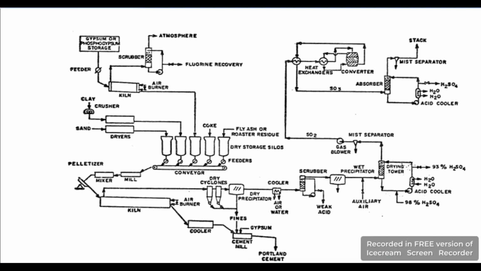After gypsum, the other two raw materials for the cementing process are clay and sand. Both of these have vapors or moisture in them, so before use they are treated with the help of dryers to remove their moisture. After drying, these are sent towards feeders where a controlled, calculated quantity is sent for further processing.